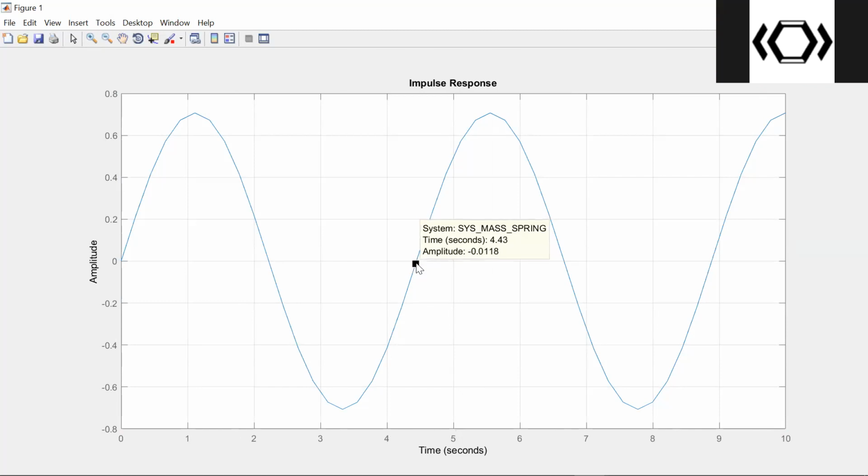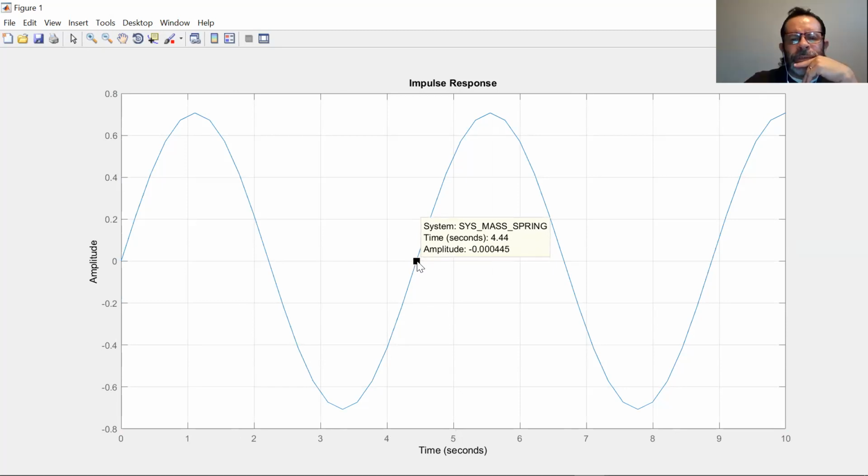They got shorter or lesser. What was the previous? Did somebody remember what the previous period was? 2.6. Yeah, 2.6. Good catch there, Ariane. So actually the period got longer.